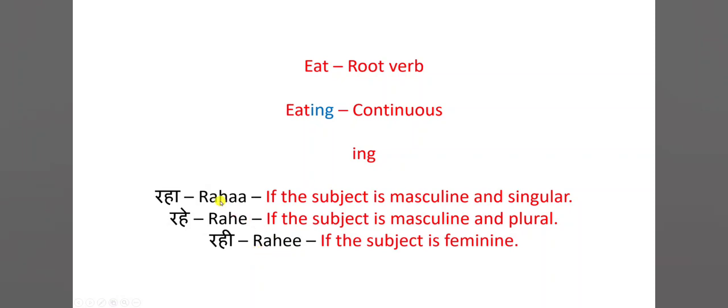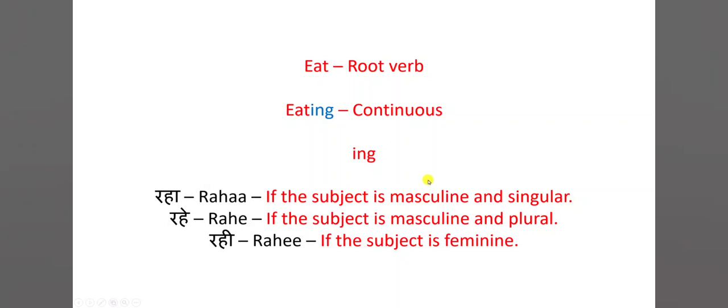Okay? Raha is used if the subject is masculine and singular. Rahe is used if the subject is masculine and plural. Rahi is used if the subject is feminine, both singular and plural.